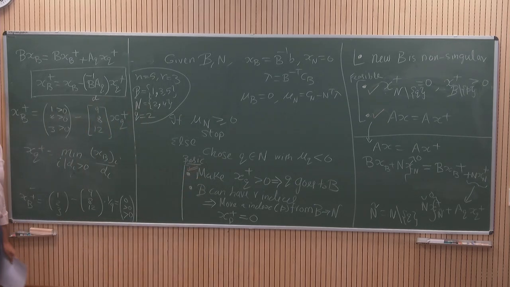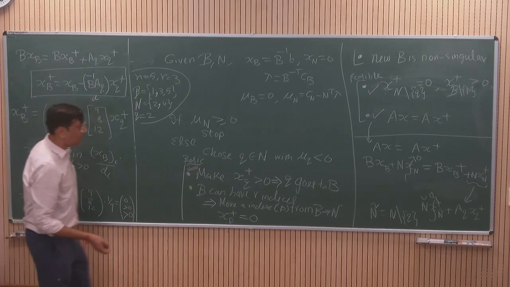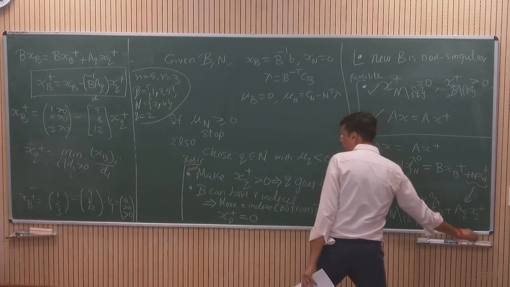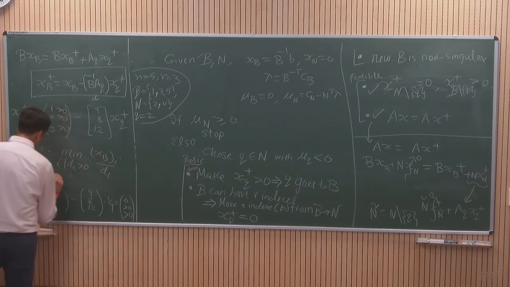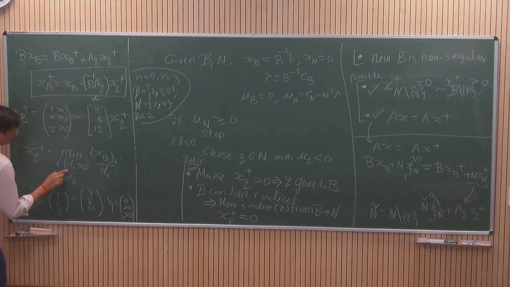Then we were able to make one index in the B set equal to 0. So we'll call this minimizing i as p. P is equal to i, the i which gives the minimum. Remember, in this case it came 1 over 9, 2 over 8, 3 over 9, 3 over 12, and the first element gave you the minimum value.